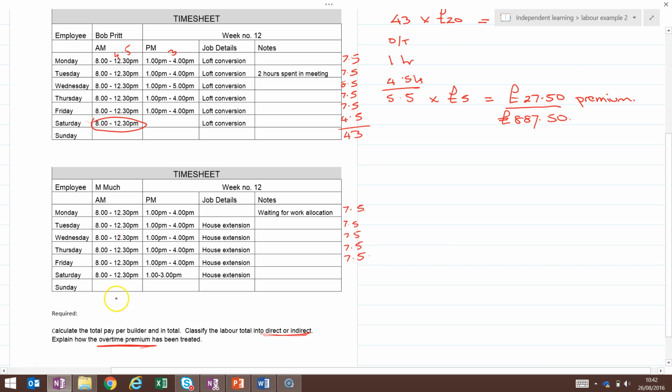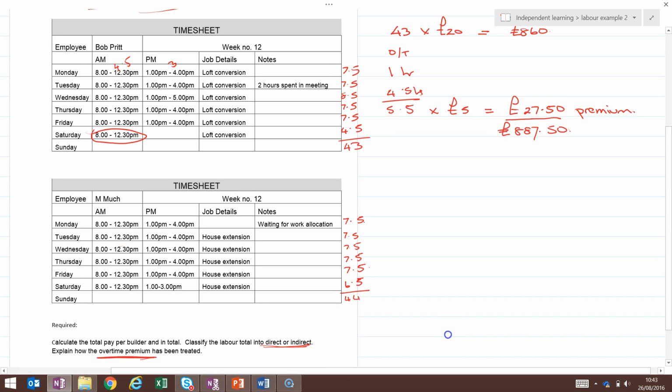Saturday, he did 8 to 12:30, so that's 4.5 hours, and 1 till 3, so that's another 2. So he did 6.5 hours on Saturday, so in total 44 hours. So we know 44 hours going to be paid £20, £880.